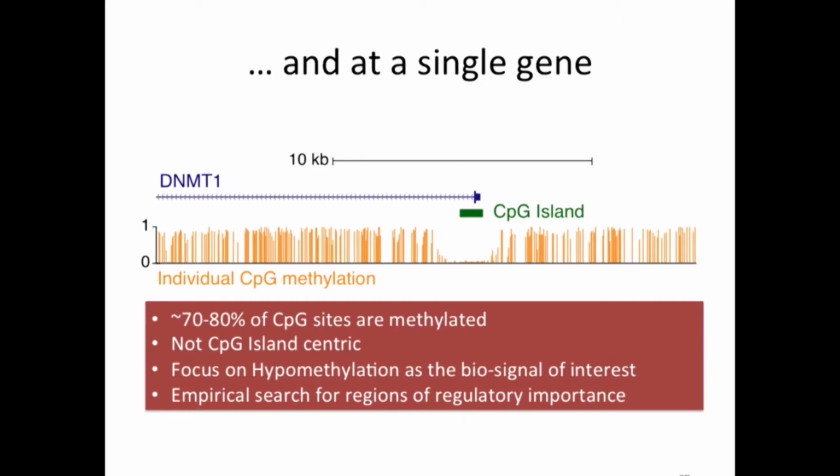A lot of people have tried to categorize CpG islands into lower, middle, and higher CpG density, and the most highly CpG dense regions tend to be constitutively hypomethylated. So no matter what cell type, no matter what developmental stage, they're always going to be hypomethylated. And those are the ones that are mostly associated with promoters. But there are changes there, and I'll talk about that a little bit more as we get into it.